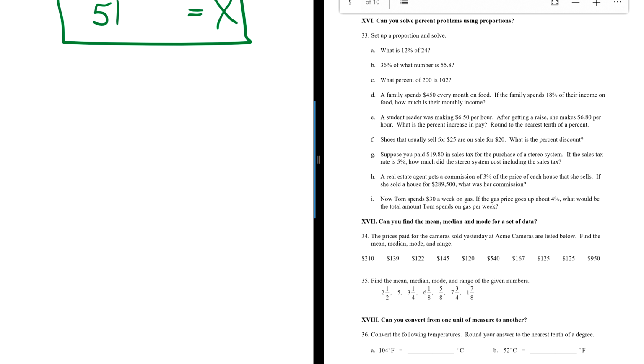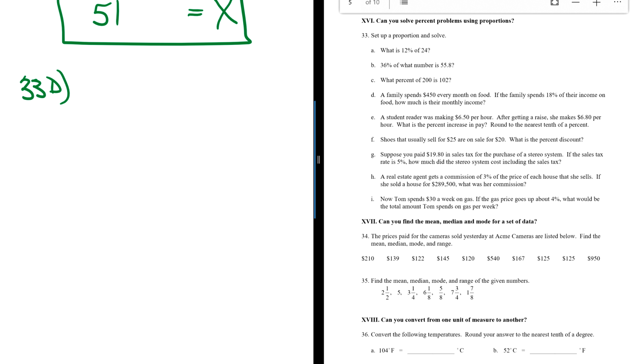Let's look at D. This is 33D. A family spends $450 every month on food. If the family spends 18% of their income on food, how much is their monthly income? Oh, one of these problems. Okay.